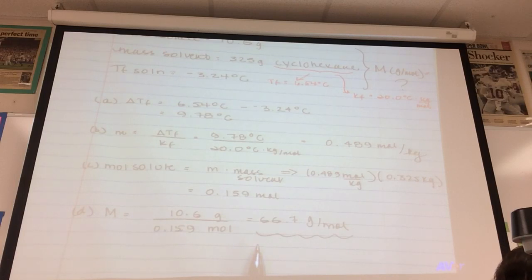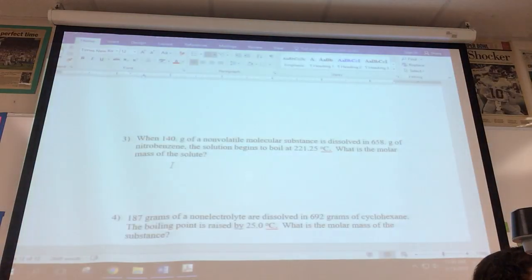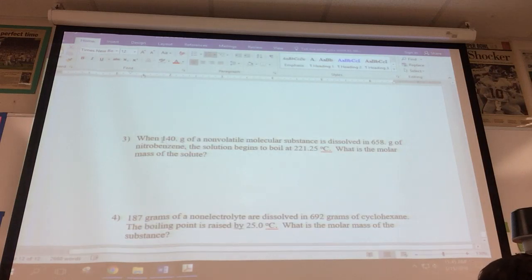I think with our problem-solving day next time, we will hold on 3 and 4 for those of you who may not be here. On 3, the problem is grossly similar, except they tell you the temperature at which the solution boils.